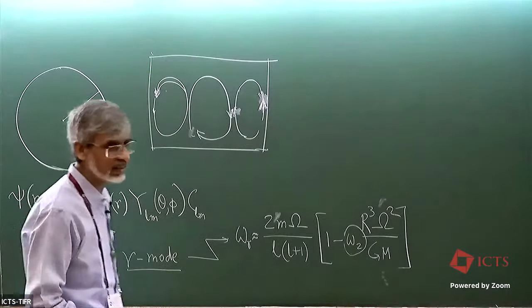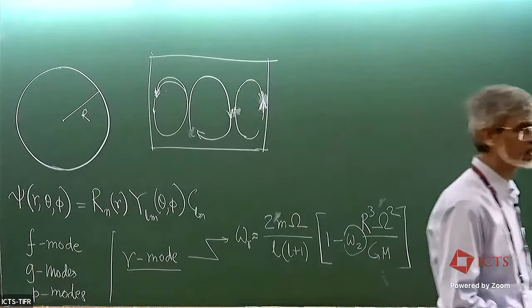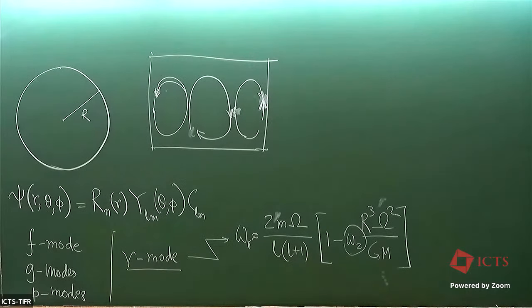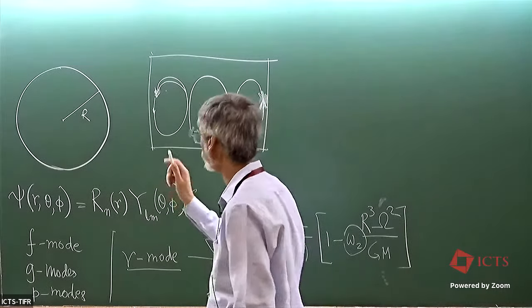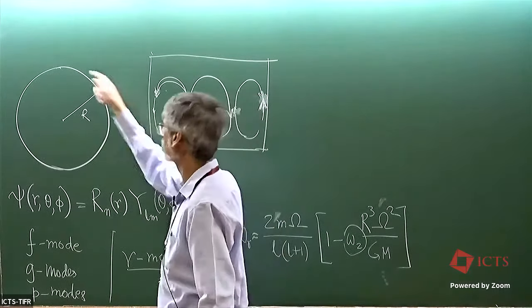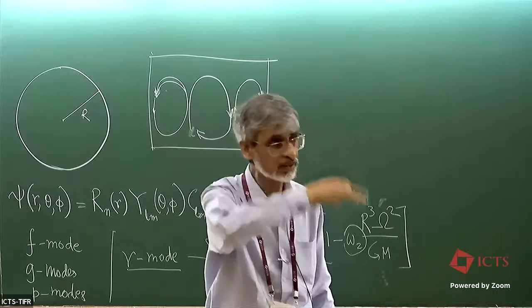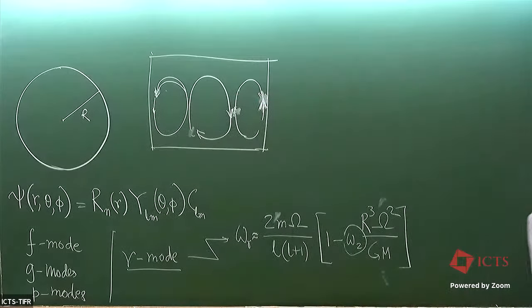And that's where a very interesting aspect of coupling between gravitational waves and neutron star oscillations comes about. So now, if we look at this pattern, as I said, it is a toroidal mode, so it has a motion in the phi direction.